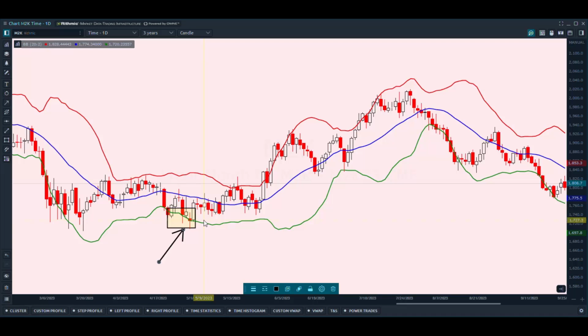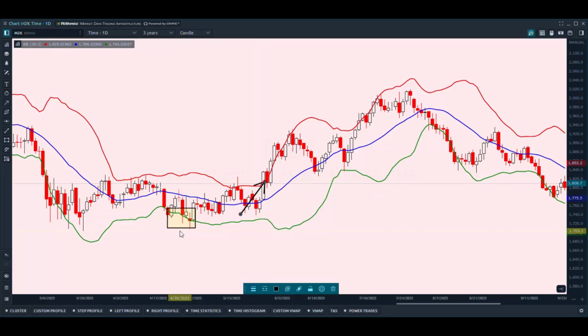In this case, I am on the 1-day chart, so each one of these candles represents 1 day of price action. So you can see here that our trigger was essentially when the 20-period moving average started to curl up and you had the daily candle, really an impulse candle here closing above the band.